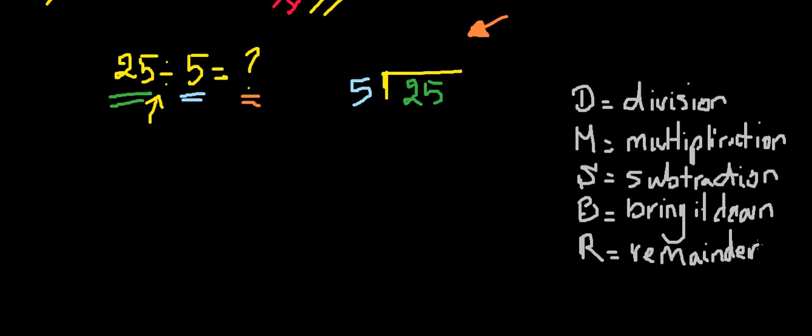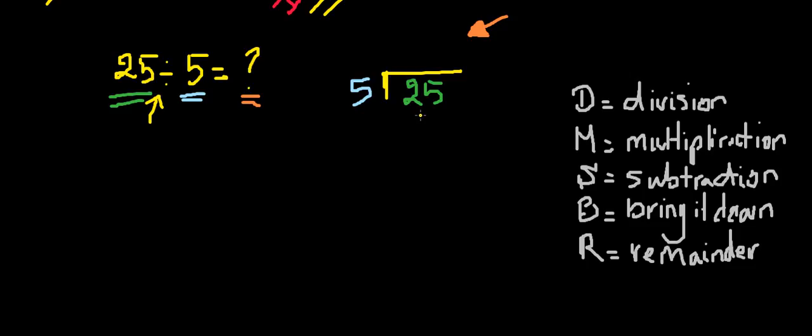So first of all, I'm going to look at the highest place value of my dividend. The dividend is 25, and the number 2 would be the highest place value, which is in the tens, right? So I'm going to look at 2.